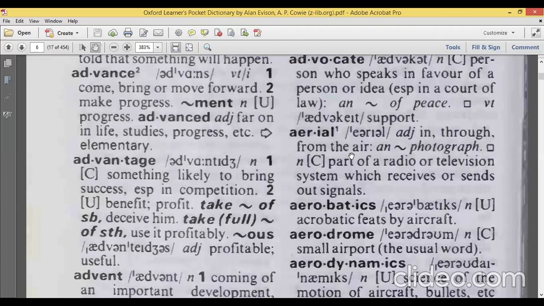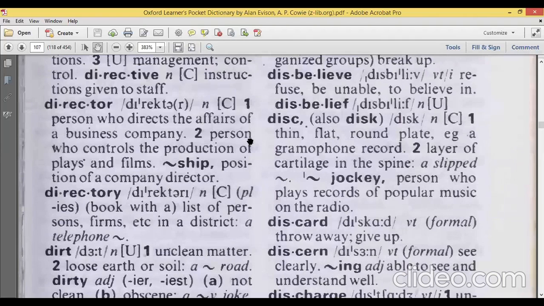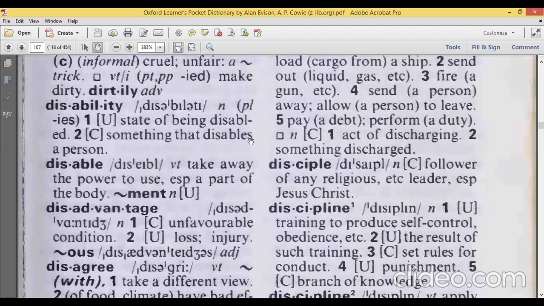Yes, and the word disadvantage, if we want to check it, we should move to the words which start with the letter D. In this case, it's on page 107, and a disadvantage means unfavorable condition.